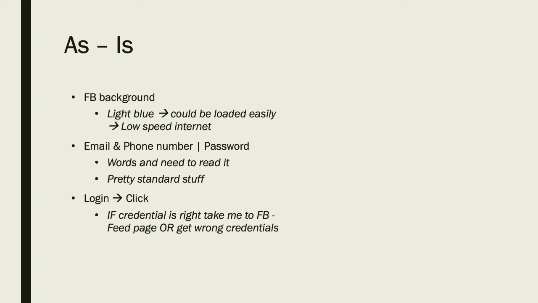And then we have the login. There is a big blue button that says login. You just need to click on it, and if the credential is right, it will take you to your FB page. If not, you get a message that hey, wrong credential, your user ID or password might not be the correct one. And so these are the things that we have seen in general, right?